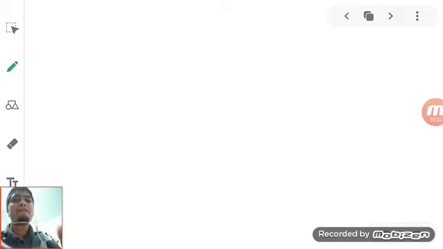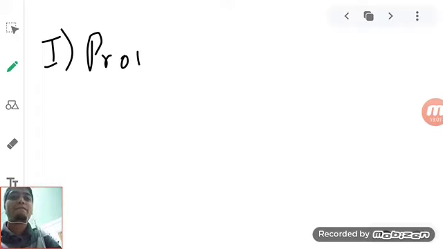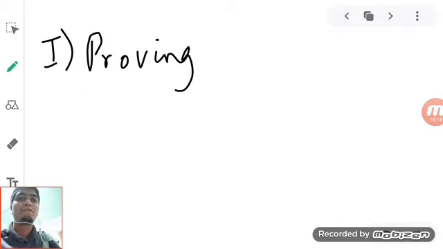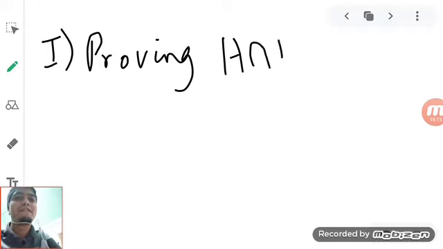So how will we do it? The first part is proving that H intersection K is a subgroup.